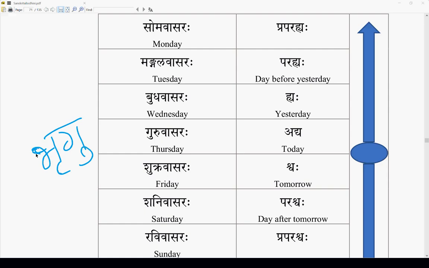This is also a popular name. Bhriguvasara, Shukravasara. Similarly, we have Shanivasara. Shani is attached to what? Saturday is attached to which planet? Saturn. So Shani refers to Saturn. We call that planet by the name Shani. Shani Graha, Shanivasara. There are alternate names for Shani we can use.